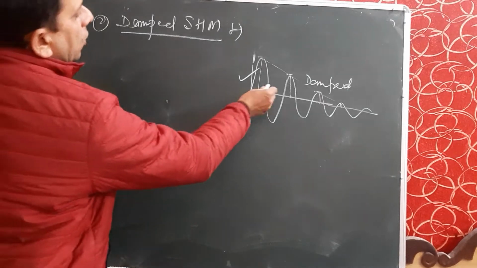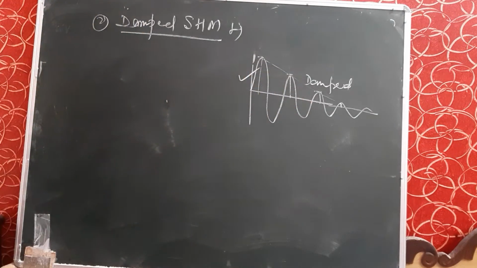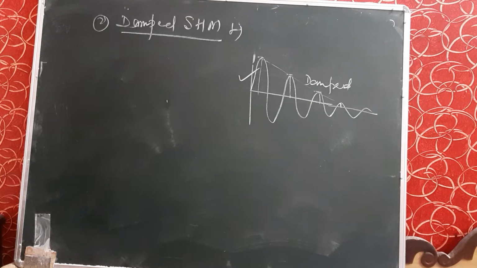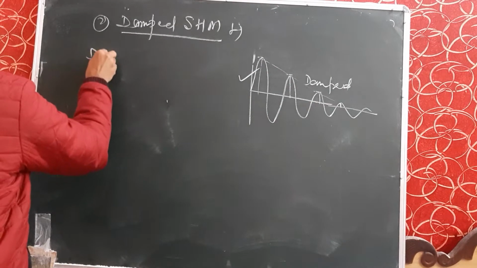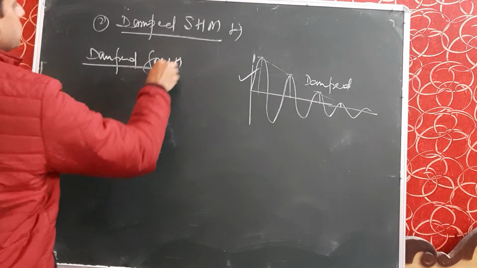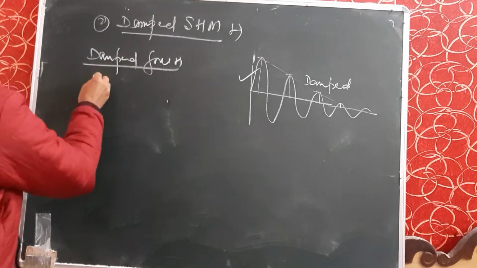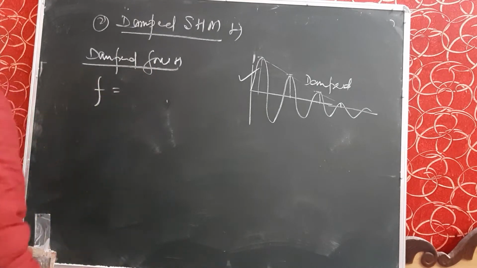So what is the factor which is responsible for this damping? That factor is called the damping force. The damping force is responsible for the decrease in amplitude, and let this force be written by small f.